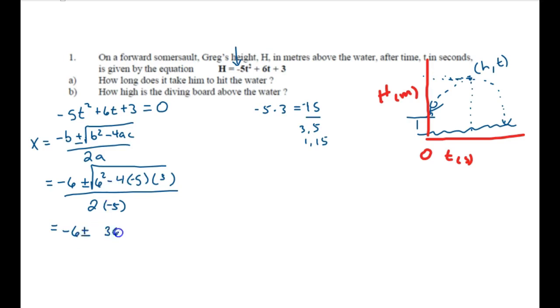6 squared is 36. 4 times 5 is 20, times 3 is 60. Now within the workings you have a negative times a negative, so it will be a positive 60. So again, 4 times 5 is 20, times 3 is 60, negative times negative, positive.